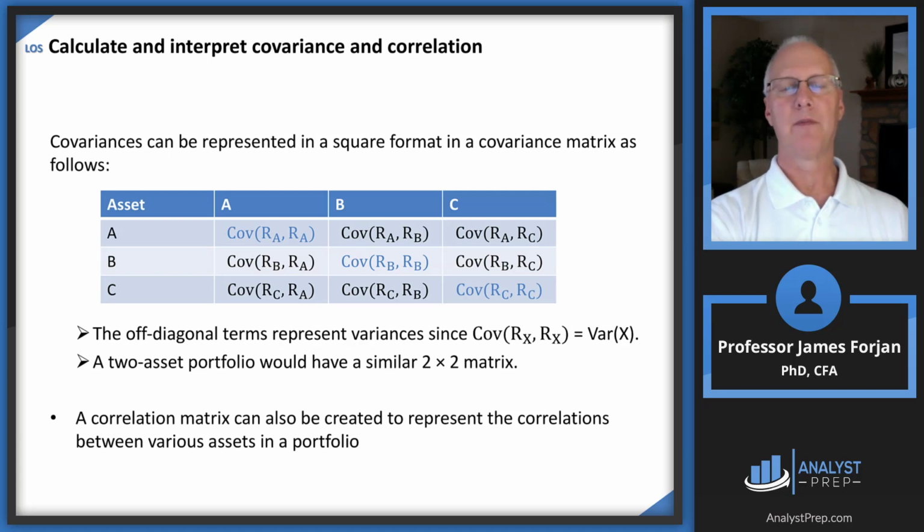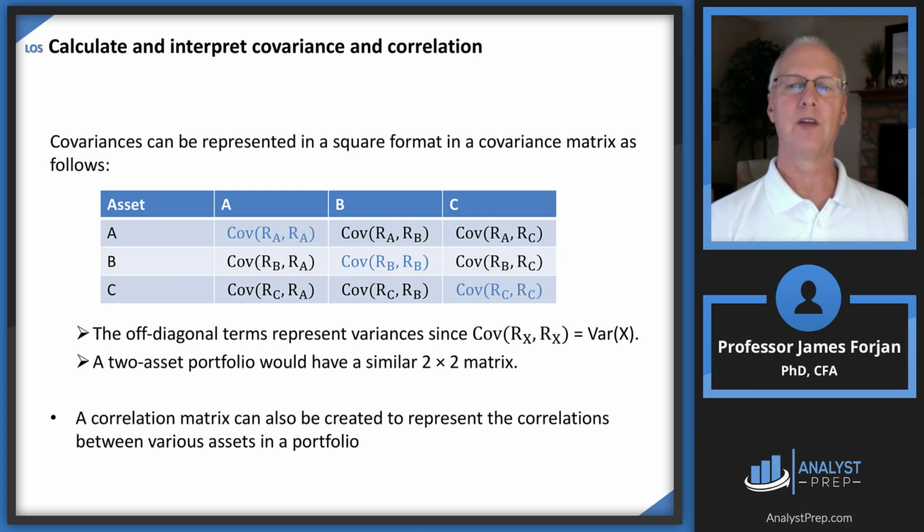Now, you might be exposed to what's known as a correlation or a covariance matrix. This is just a matrix which is going to look at three assets, A, B, and C, and down the diagonal terms, notice that in the diagonal terms from top left to bottom right, covariance between the return on A and the return on A, and then covariance of the return on B and the return on B, and covariance between the return on C and the return on C. Those are the variance terms.